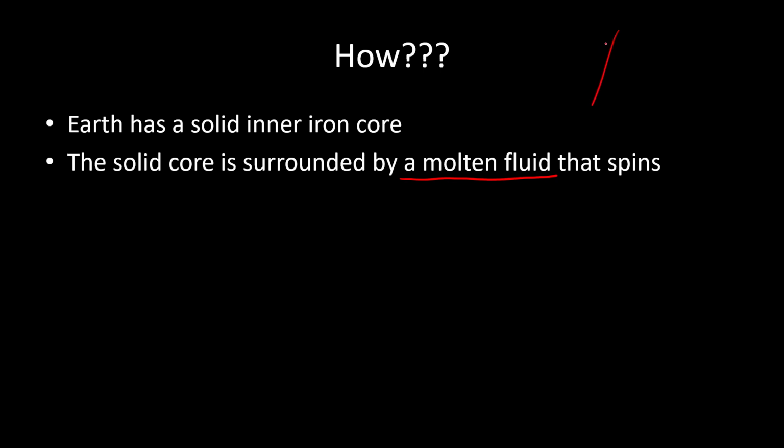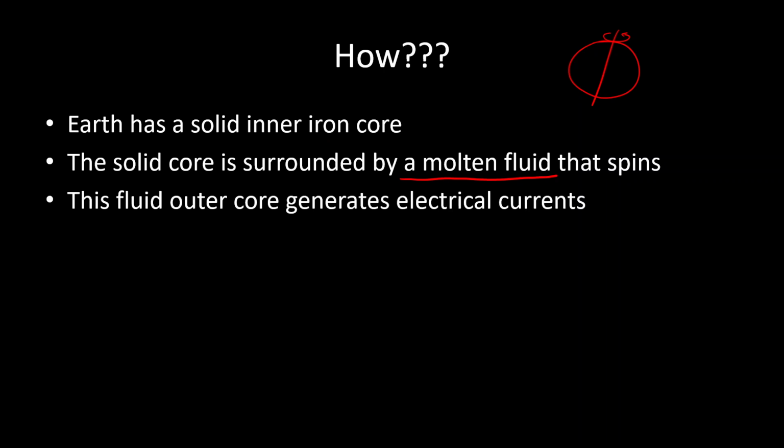So because our Earth spins on its axis like this, we get the molten fluid spinning around that iron core, and that interaction, that friction between the outer edge of the iron core and the molten fluids under high temperatures and high pressures, generates electrical currents.